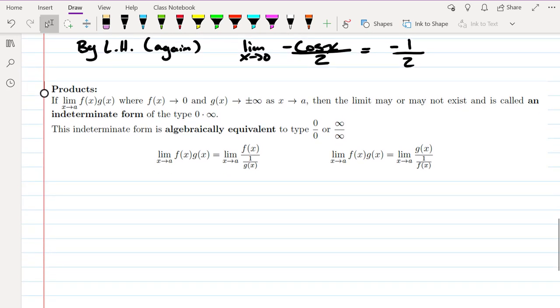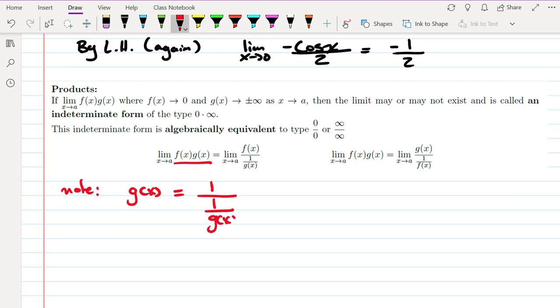So this indeterminate form is algebraically equivalent to type 0 over 0 or infinity over infinity. So if we look at our first product right here, where we have f of x times g of x, it's worth noting that g of x can be rewritten as 1 divided by 1 over g of x.